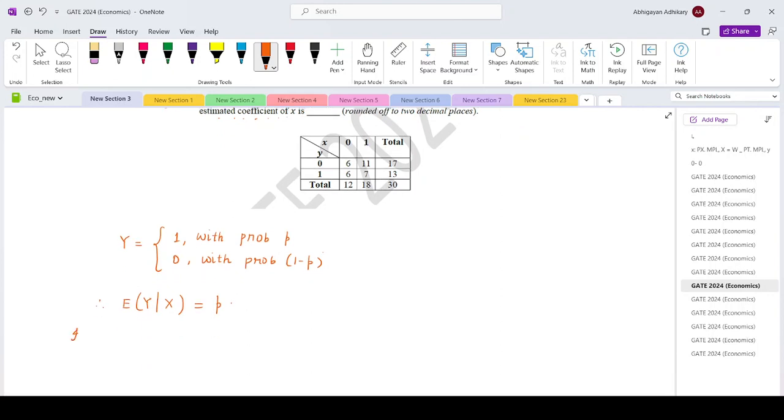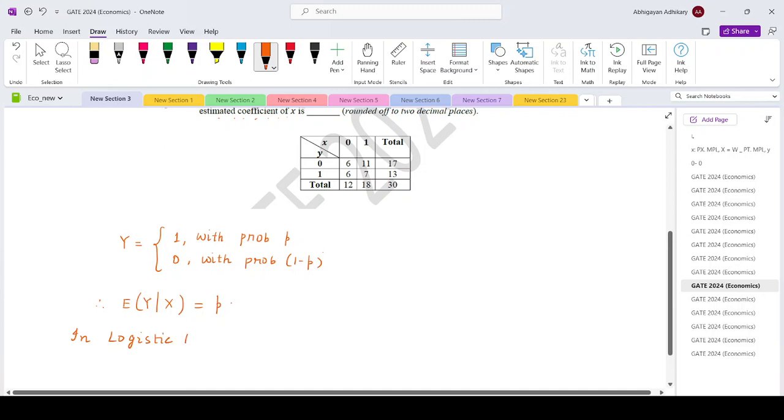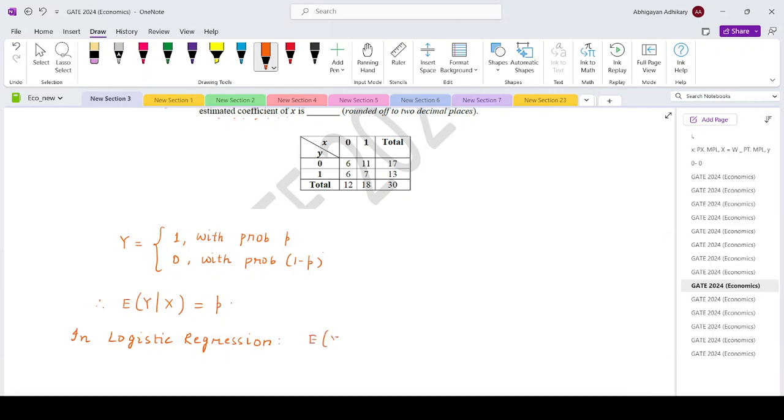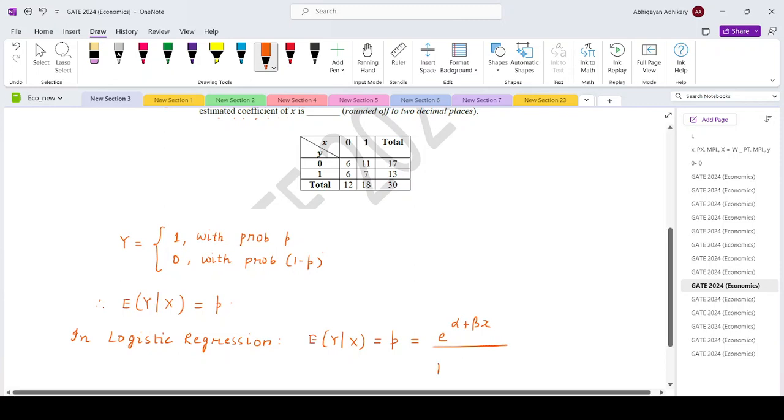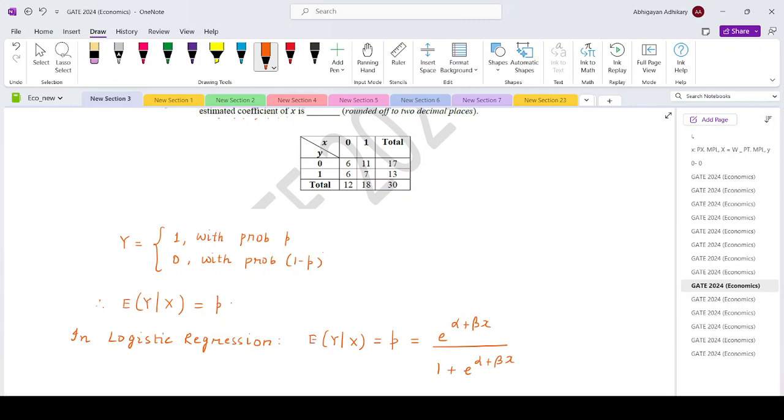So in logit regression, we model this expectation of y given x, which is the p in our case, as e to the power alpha plus beta x divided by 1 plus e to the power alpha plus beta x. So this is the model that we use in the logistic regression.